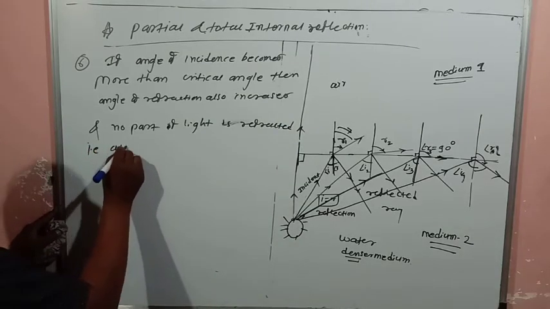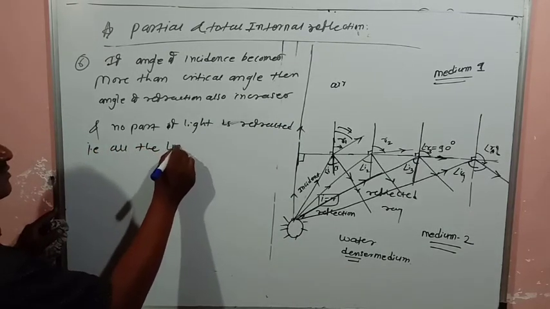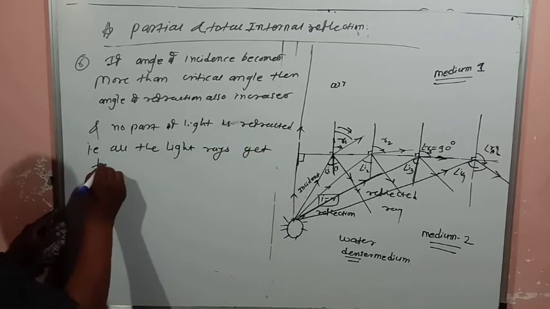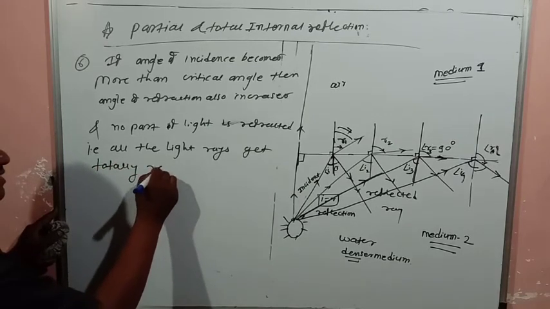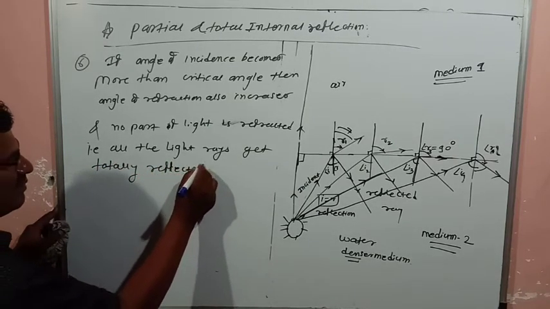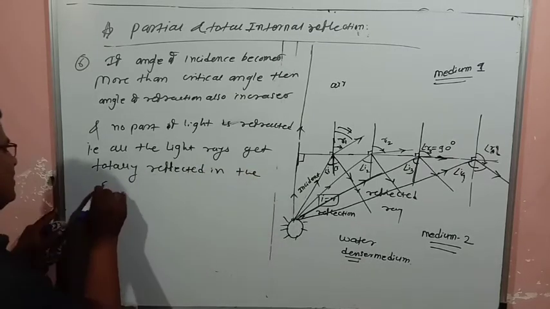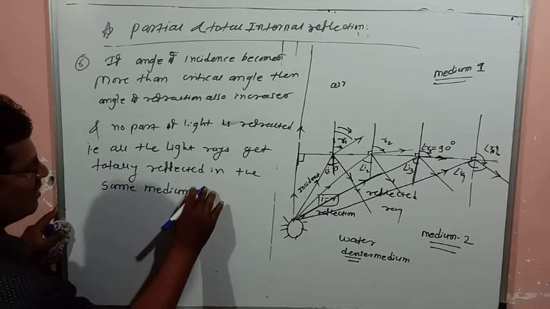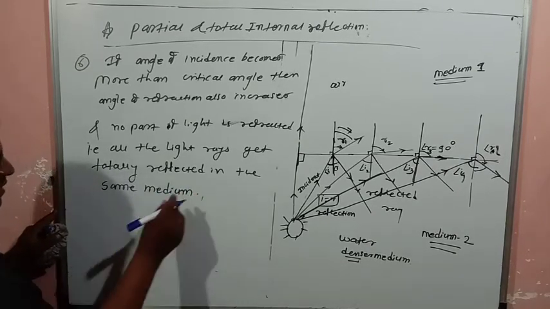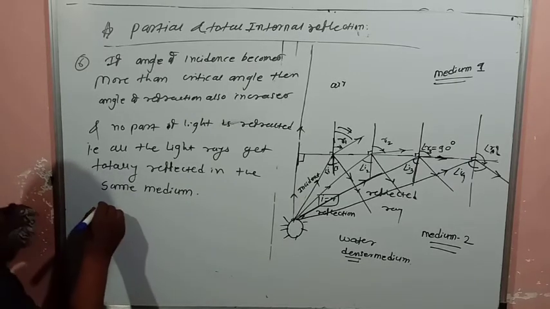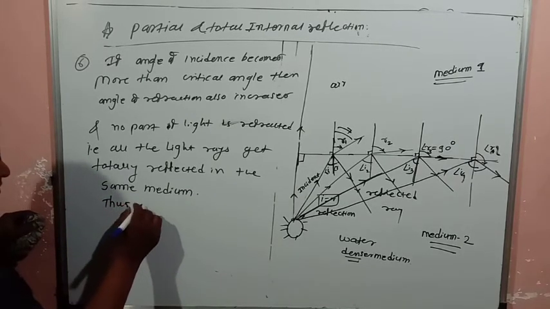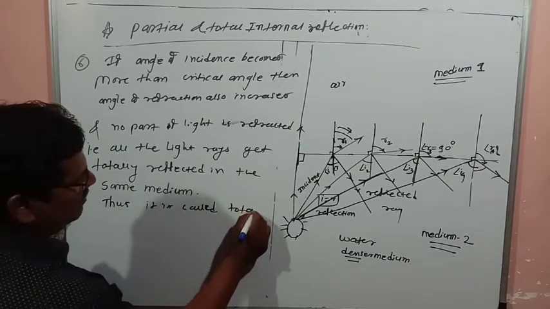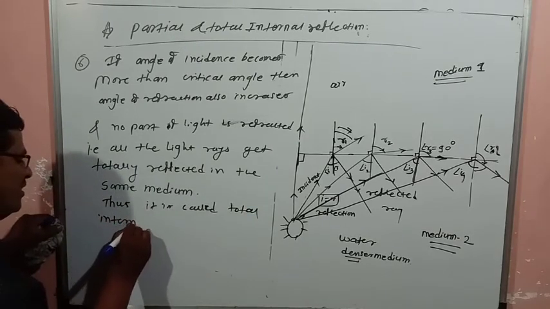That is, all the light rays get totally reflected in the same medium, and thus it is called total internal reflection.